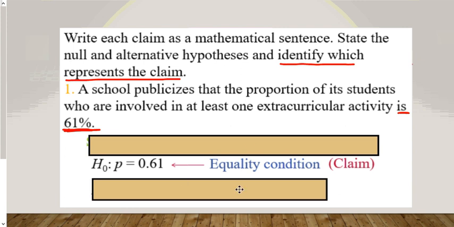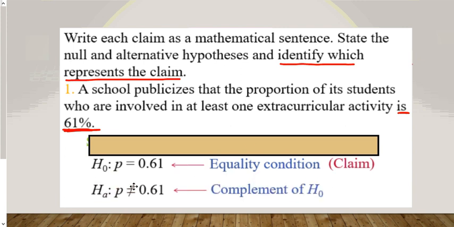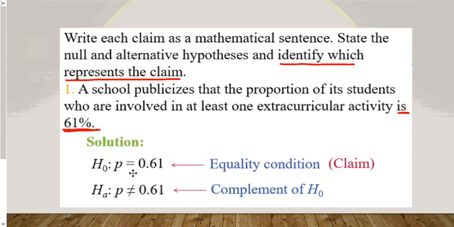It's not 61%. And we do that just by putting a slash through the equals sign. So this would be our null hypothesis, that the true proportion, and we are using P because we're talking about the true proportion, not just from a sample, but our claim is that true P is 61%.